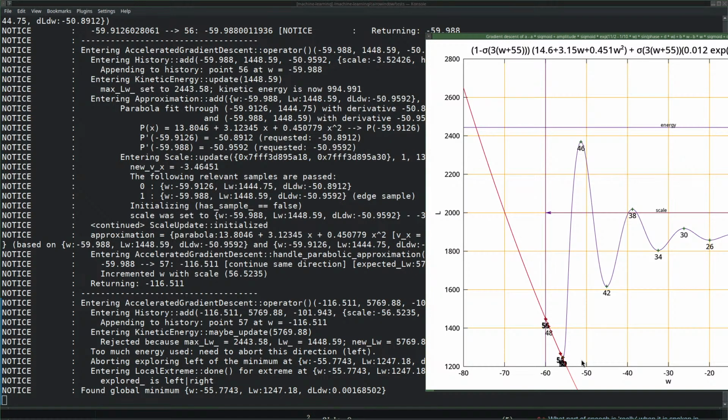Suppose it's correct. So maybe I should zoom in a little bit here. So let's just show minus 60 to minus 50. Or even less than that. Let's say, I don't know, minus 54. I don't want to see all of this. I think this is 55, isn't it? Minus 60 to, I don't know, minus 54.5.